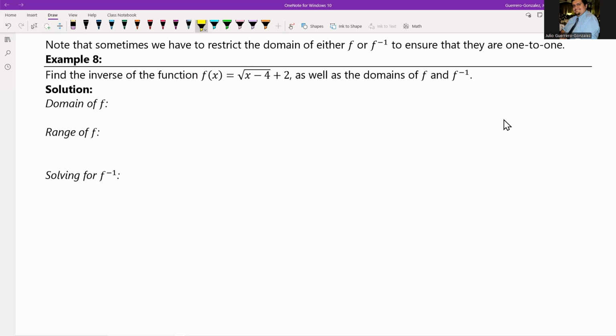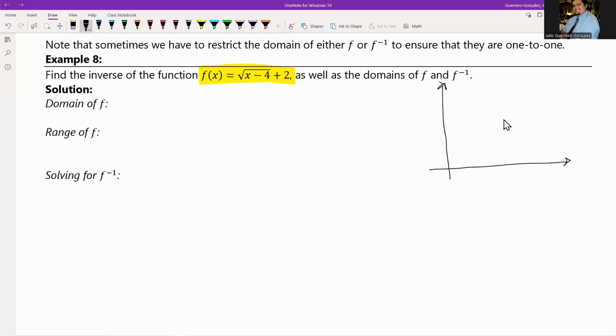So let's go ahead and take this function right here, okay? Hopefully, you guys remember how this graph looks, right? So I'm going to go ahead over here, and I'm going to plop it down really quick. I'm not going to use Desmos for this one. So hopefully you guys remember that this is going to be a square root function, right?